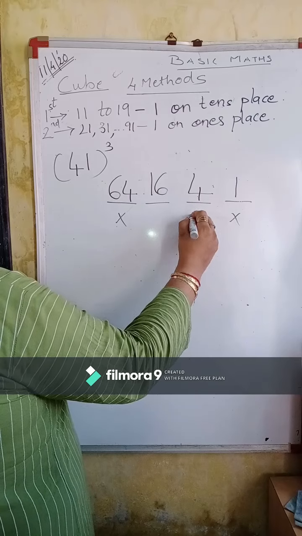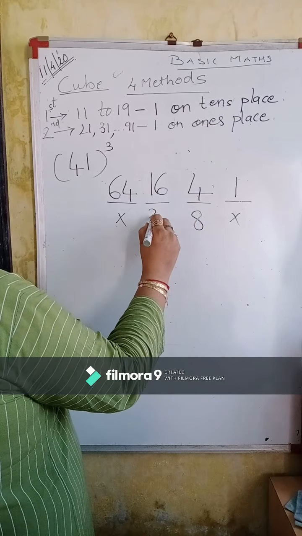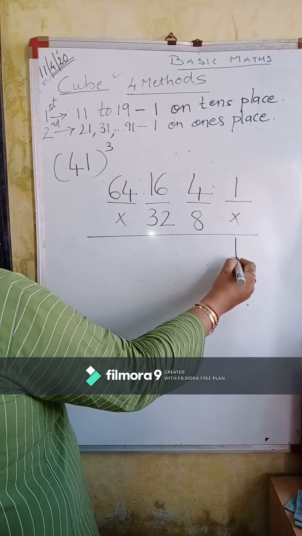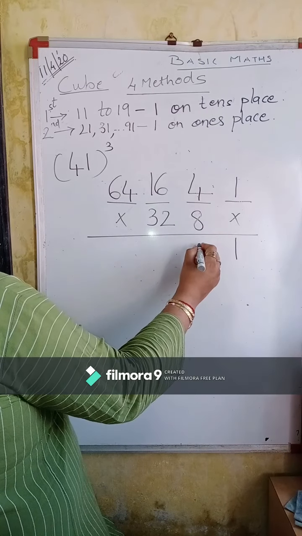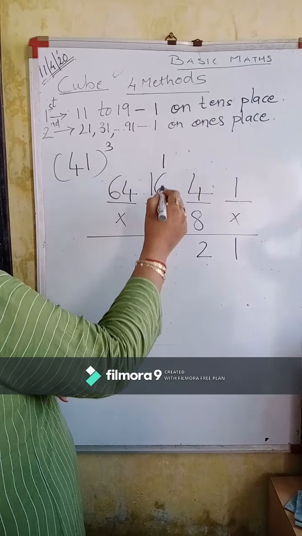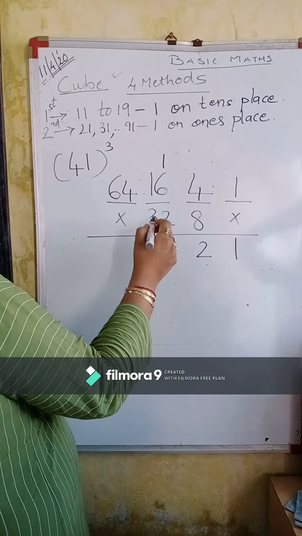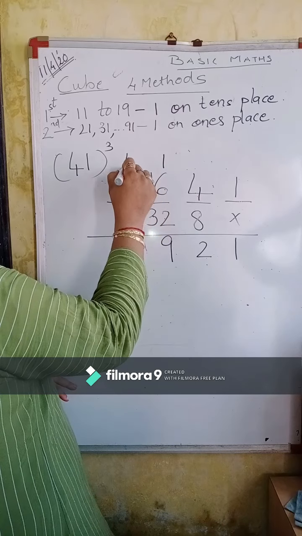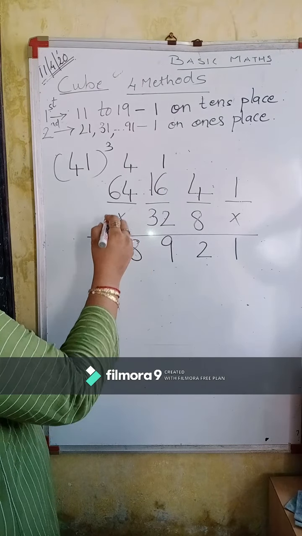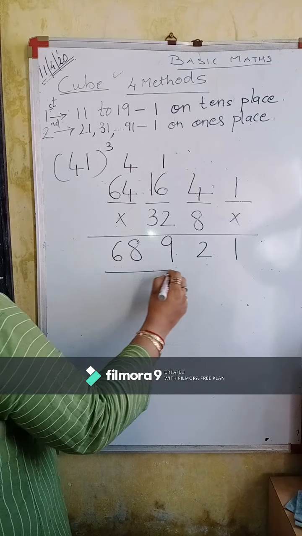Double of 4 is 8, double of 16 is 32. 4 plus 8 is 12, 2 here and 1 carry. 6 7 8 9. 3 and 1 carry is 4. 4 and 4 is 8, and 6 bring down. This is your answer.